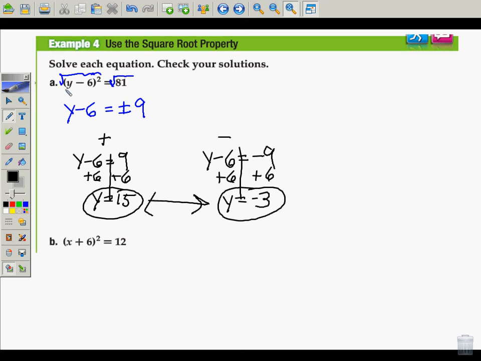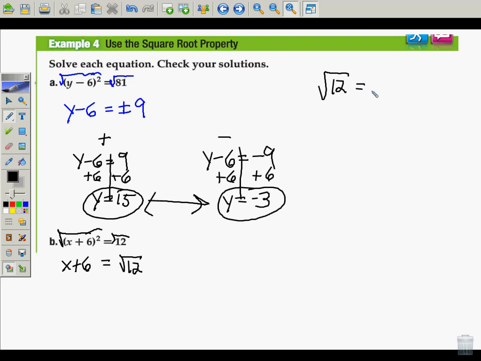Now looking at the second part, obviously I'm going to take the square root of each side to start. So I get x plus 6 equals, now 12 is not a perfect square, so you just write the square root of 12. Or, and I don't know if you guys have done this yet, factored square roots, okay? Square root of 12, and if this part's confusing you, don't worry about it, okay?